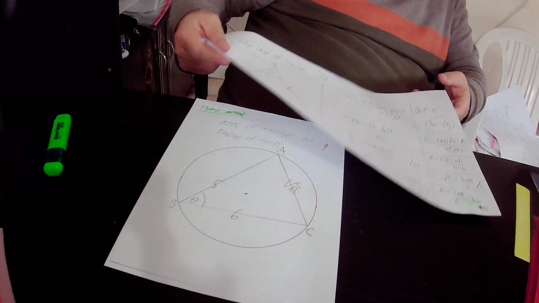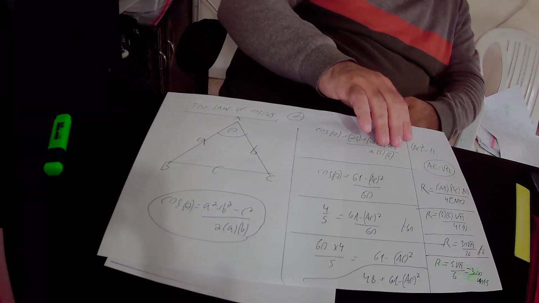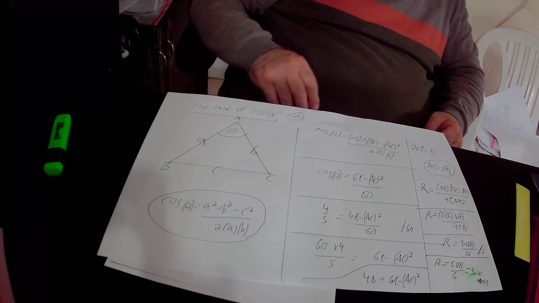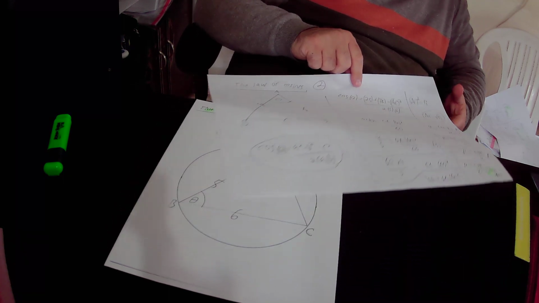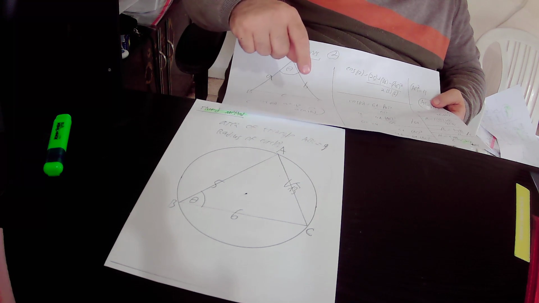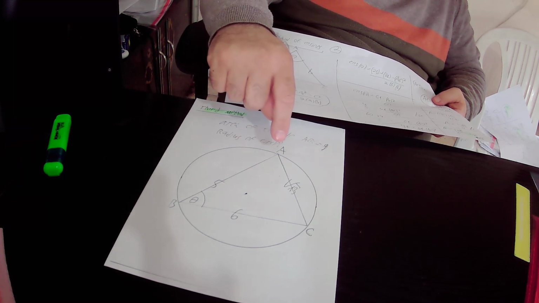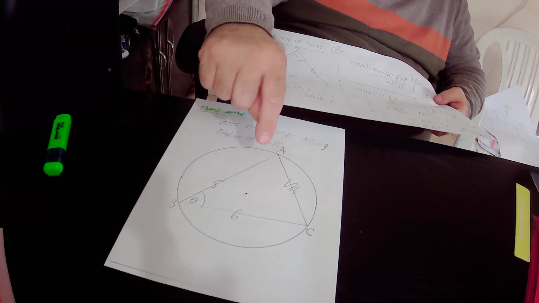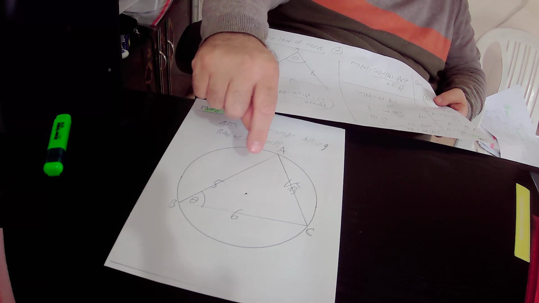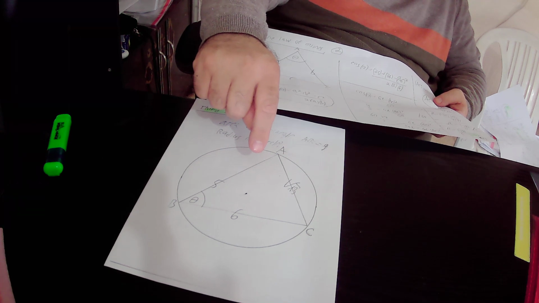Then we use this formula: the radius of any circle that circumscribes a triangle equals the multiplication of the sides of the triangle over 4 times the area of the triangle.